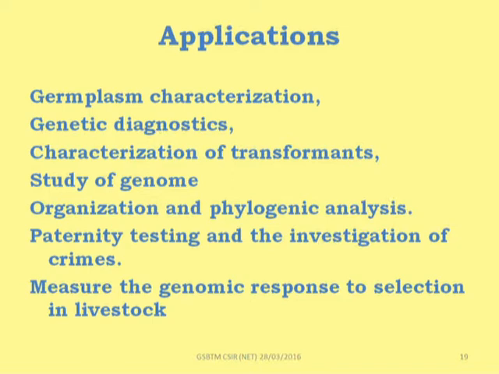What happens in paternity testing? If there is any blame, or any suspicion between the biological father and the claimed father, then as I said, minisatellite sequences are transmitted from generation to generation from both parents. So if any such claim is made, then DNA can be isolated from the fetus and parents, and it can be matched through RFLP analysis.